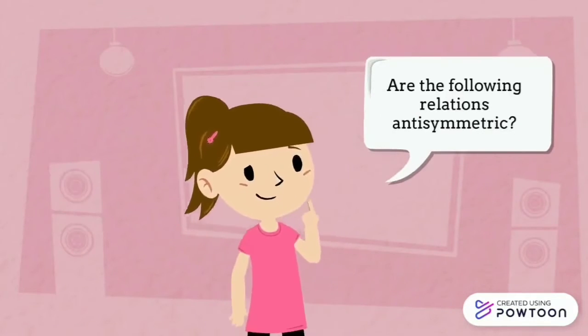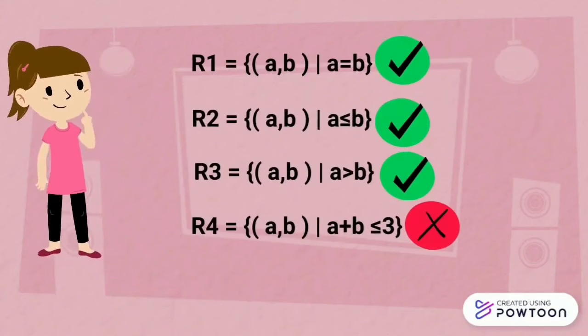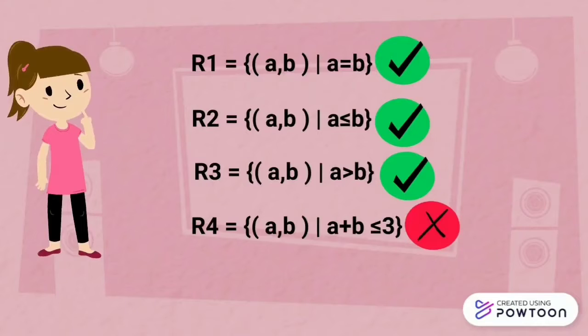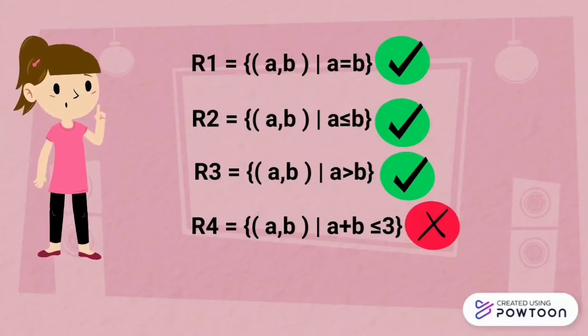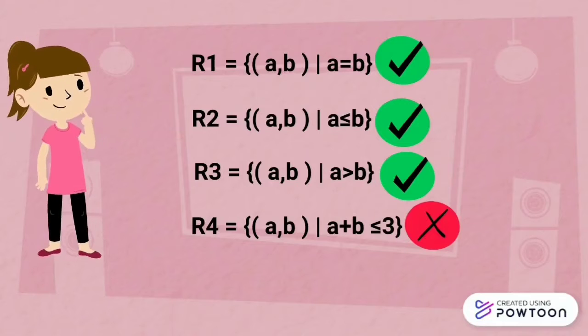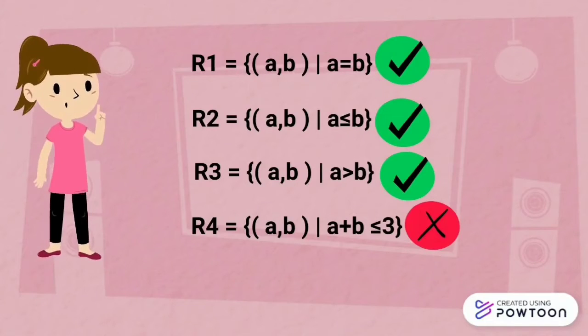In the example, R4 is not antisymmetric. To see that, we use an example of (0, 2) and (2, 0). Both of them are less than 3. But does that imply that 0 is equal to 2? No. So R4 is not antisymmetric.